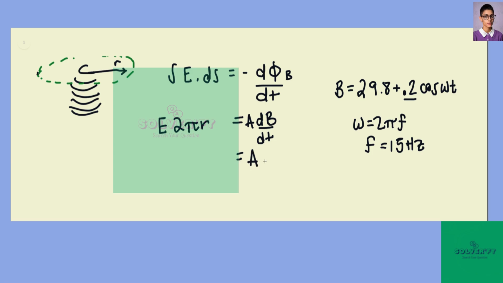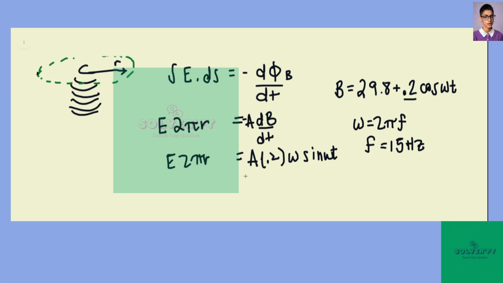So that's just going to be A times 0.2, and then the derivative of that, we'll get a factor of omega, and then sine omega t, and I'll keep this negative here, and the negative goes away there. And then area is pi.